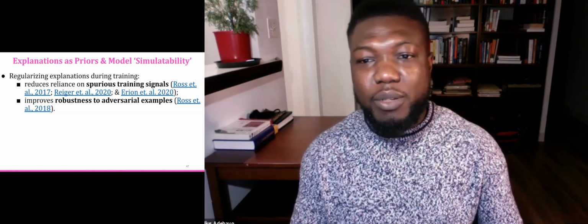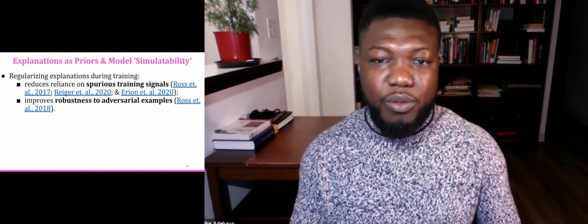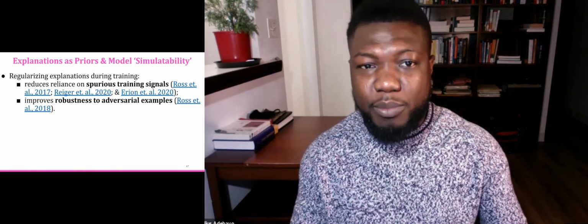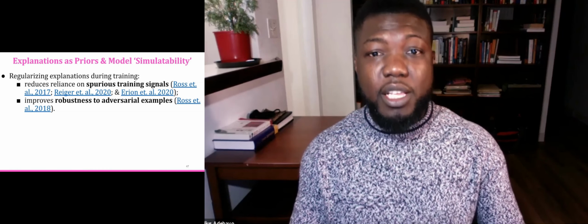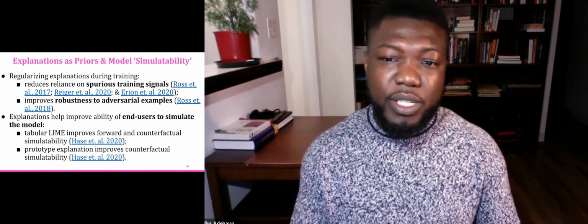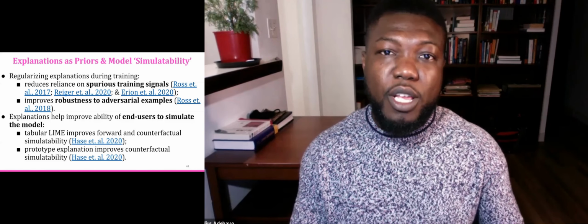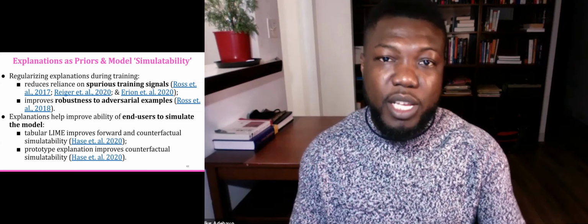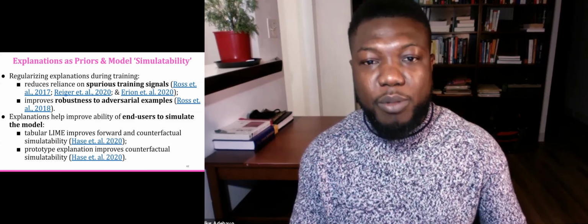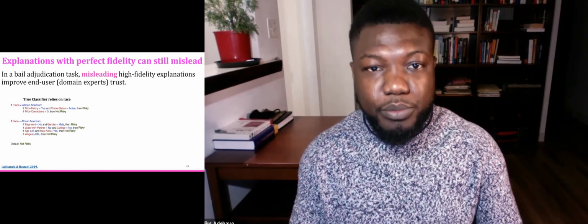More generally, explanations have been shown to be helpful for reducing reliance on spurious training signals. If you train while penalizing explanations, the model can also be more robust to adversarial examples. Explanations have also been shown to be helpful for end users to better simulate the output of a model. These are all desirable properties of explanations that have been demonstrated in the literature.